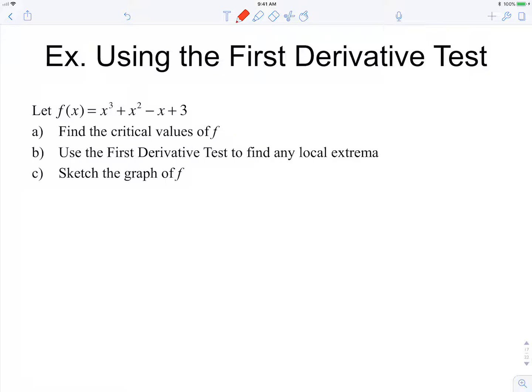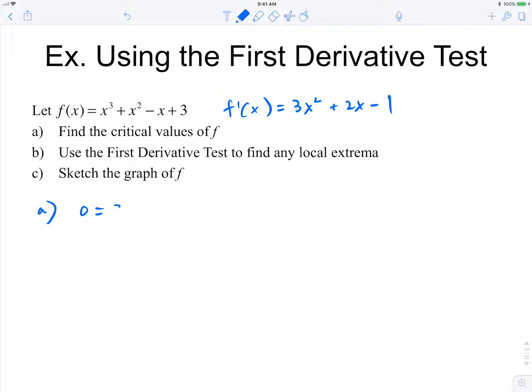Okay, so looking at this function, we want to first find the critical values, so we need the derivative. This is a polynomial, so the derivative is a polynomial. Polynomials we know are defined for all real numbers.